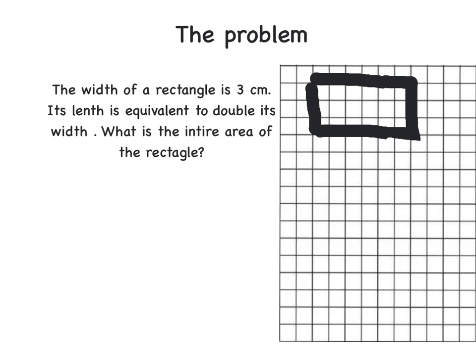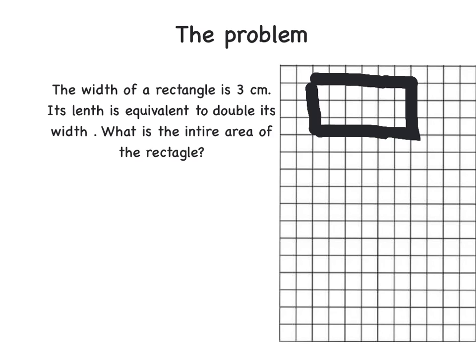So here is my rectangle. It's not the best thing in the world, but it works. What you're going to have to do is either take it really slow and count all the little squares inside my rectangle, or you can do it the fast way and do multiplication.